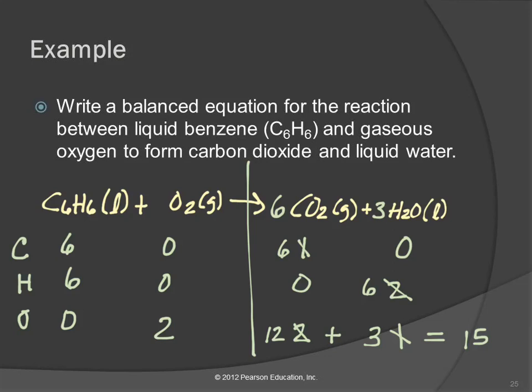This is an odd-even problem, right? We need an odd number of oxygens, but they're coming in pairs. So the solution to this, since we are trying to fix the oxygen, is to double everything else. So I'm going to multiply everything but that O2 that I'm working on by 2.